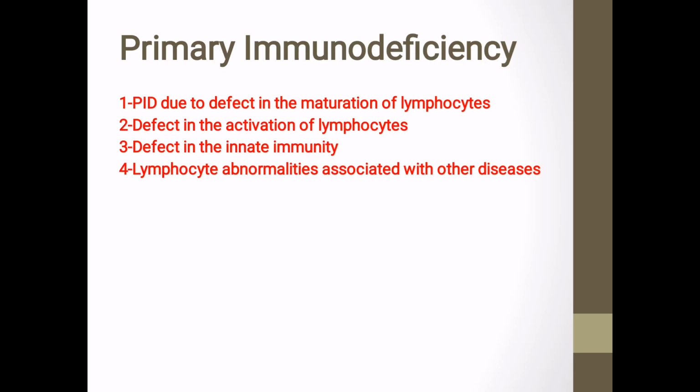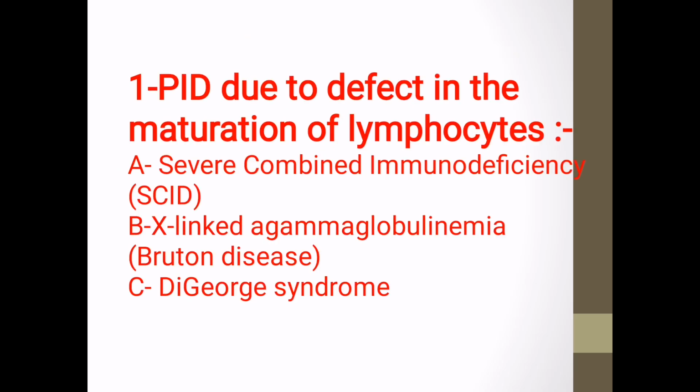Or defect in the activation of lymphocyte. There is lymphocyte, but it is not functioning. And defect in the innate immunity, and lymphocyte abnormalities associated with other diseases. So other diseases, rather than immunodeficiency, associated with lymphocyte deficiency or with immunodeficiency.